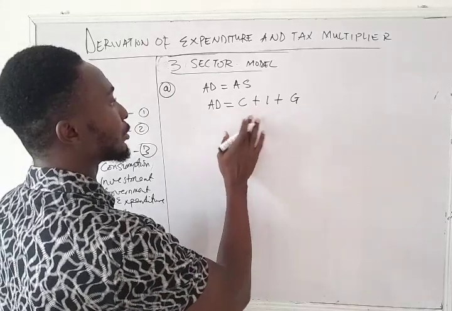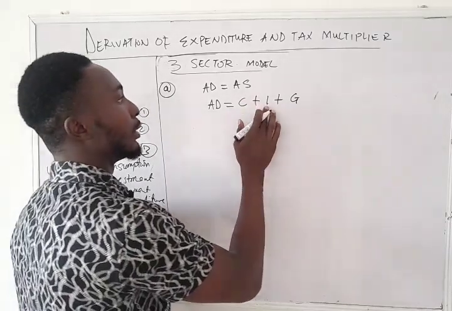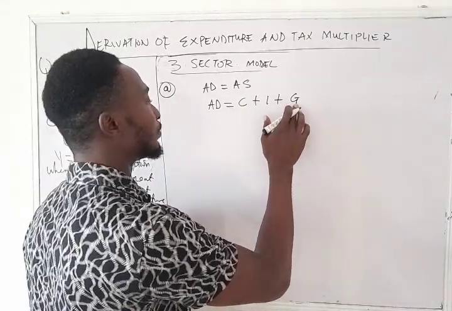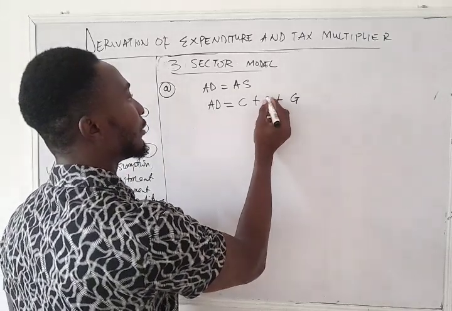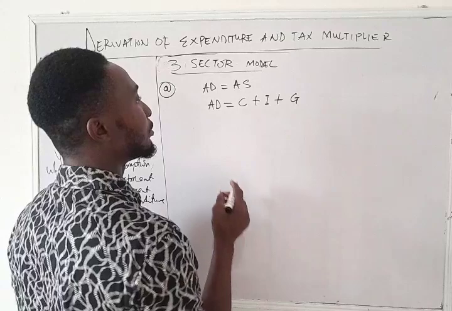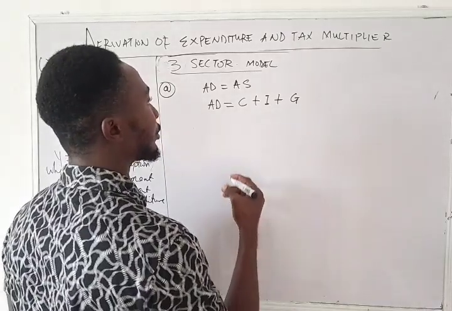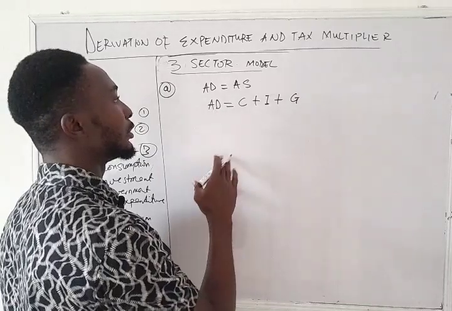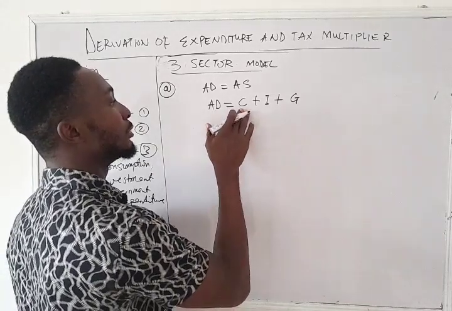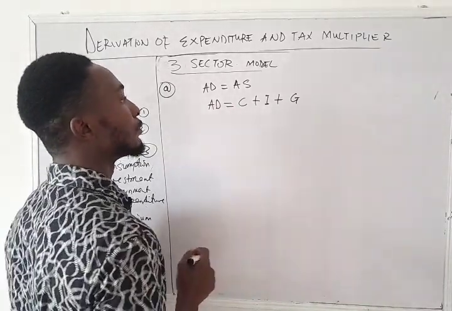This is the three sector: household, businesses, and government, or the public sector. So I for investment represents the activities of businesses. C, consumption, represents the demand of households.